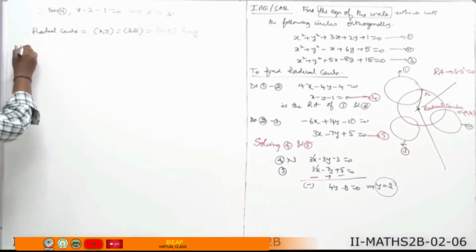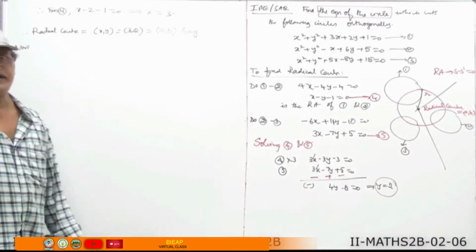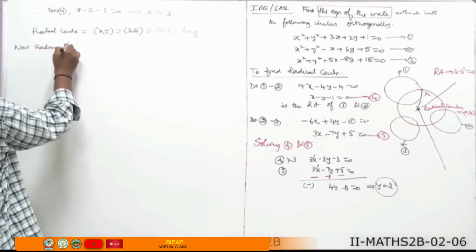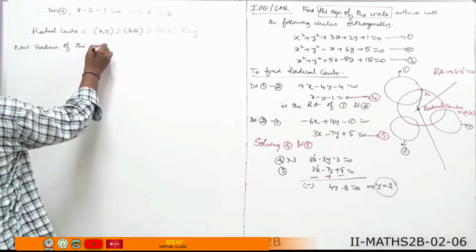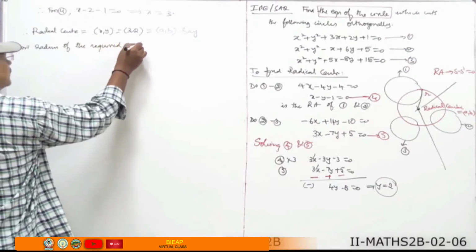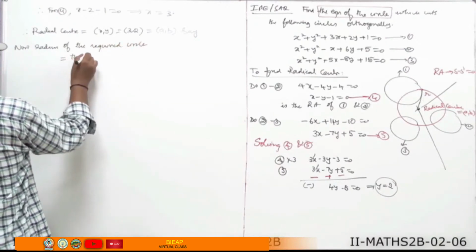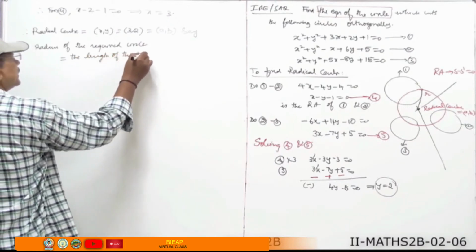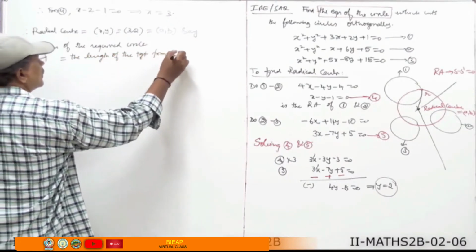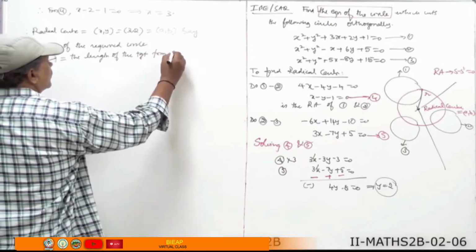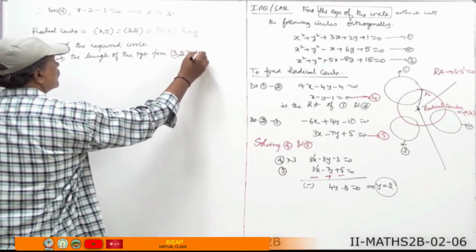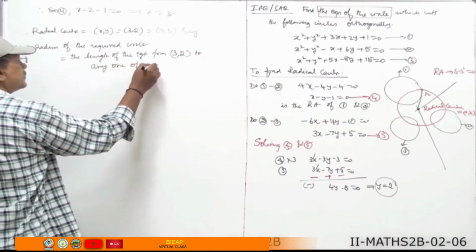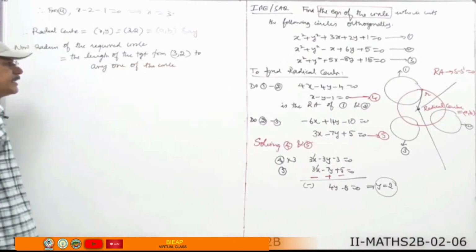Now, you find the radius of the required circle. The radius of the required circle is equal to the length of the tangent from 3 comma 2 to any one of the circles. You can take any circle.